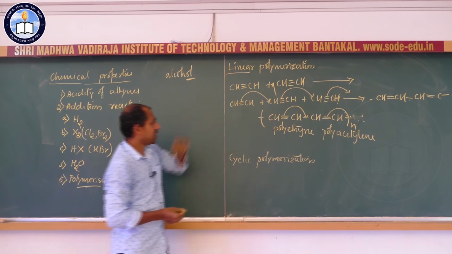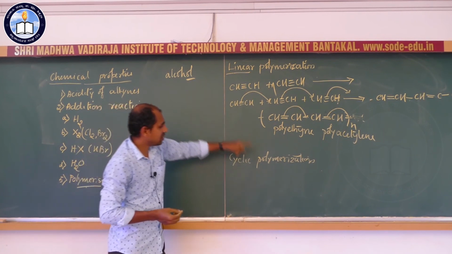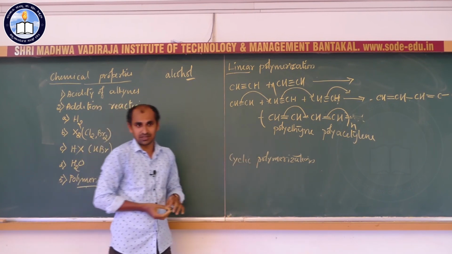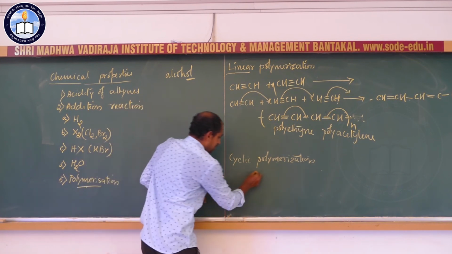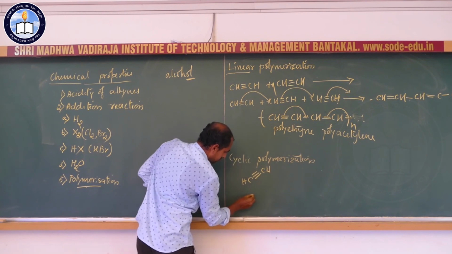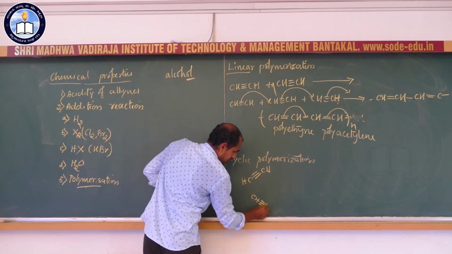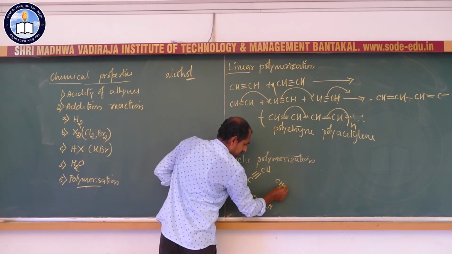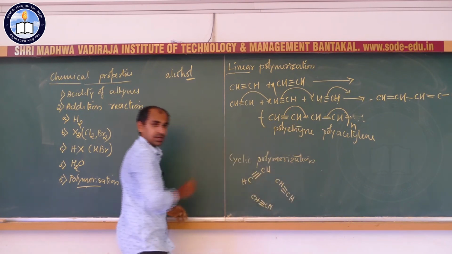In the same way, ethyne can also undergo cyclic polymerization. Say I take 3 ethyne molecules.